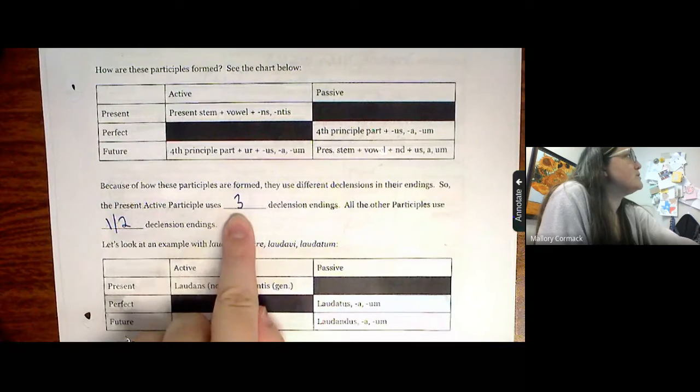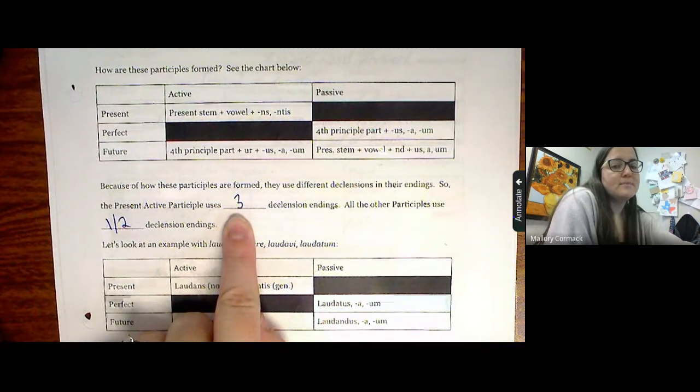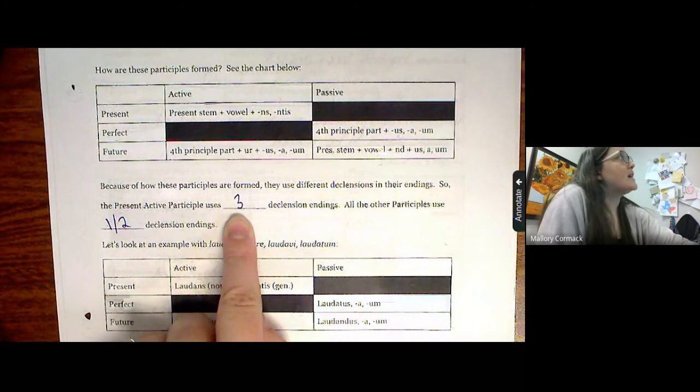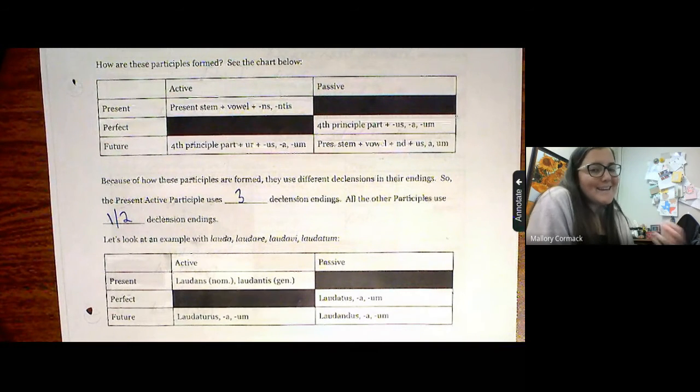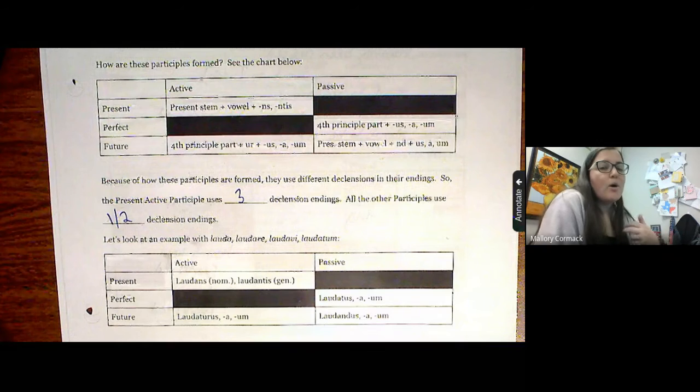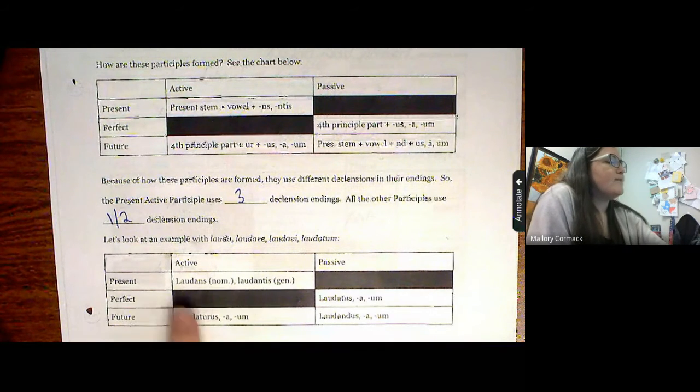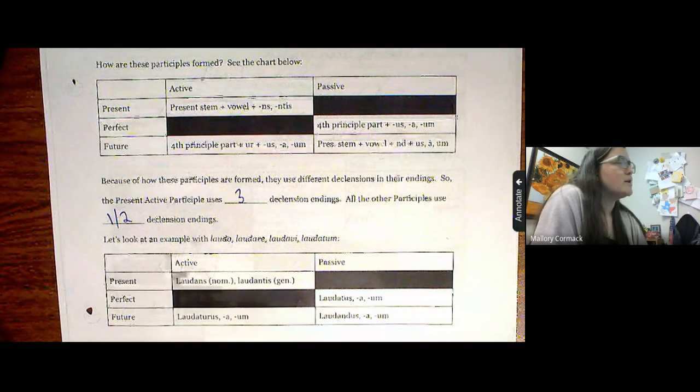So these ones use 3rd declension endings. They're the only participles that use 3rd declension endings. And so these ones are going to act kind of like our 3rd declension 1 ending adjectives. Think like ingens, ingentis, or potens, potentis, right? Those are very similar to our participles. They're going to decline in the same way.